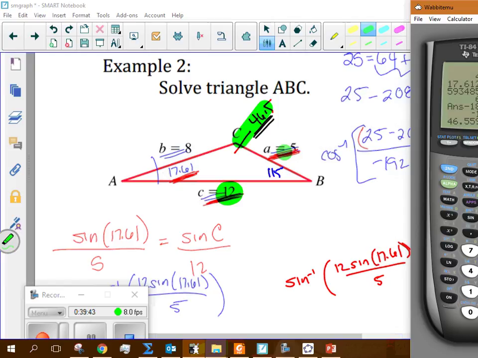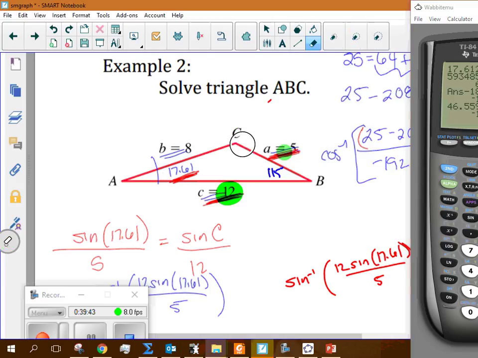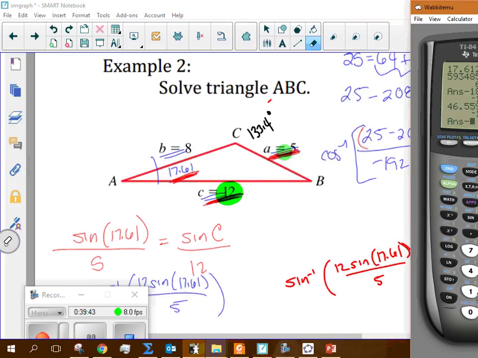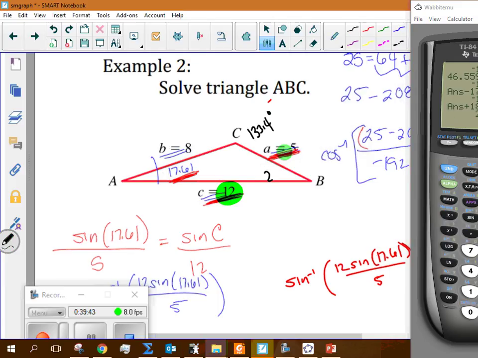So 180 minus that would give me 133.4 degrees for this angle here. And then this one here would now be a total of 28.9 degrees.